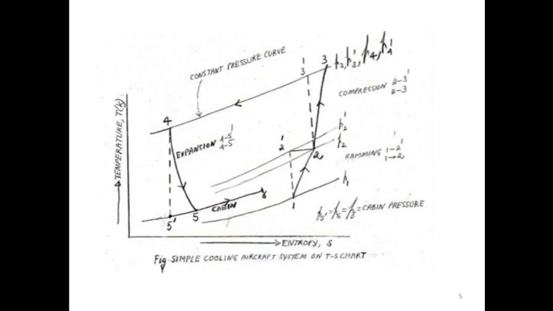In that, when air strikes the surface of the aircraft, the temperature becomes stagnant or constant, and that temperature is called the stagnation temperature, where you have T2 dash, and T2 is the stagnation temperature.